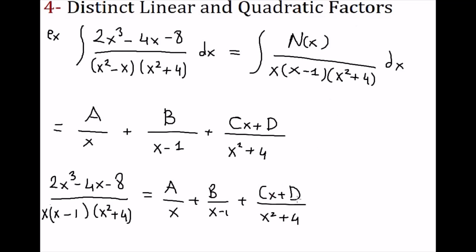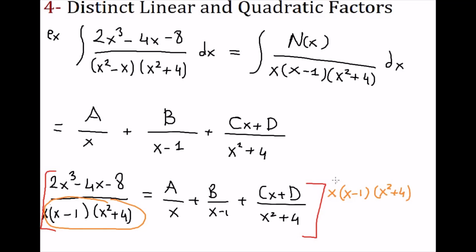Now we're going to multiply the whole equation by the LCD, the least common denominator. So we're going to multiply everything with x times x minus 1 times x squared plus 4.